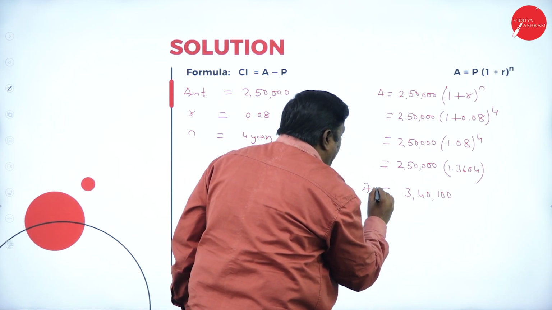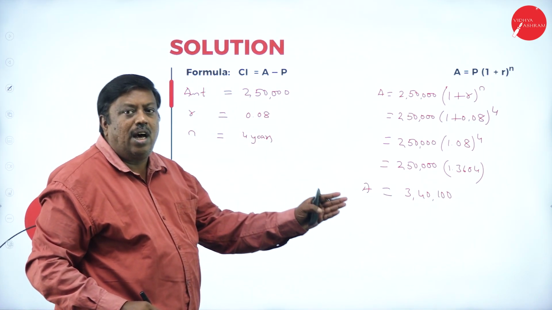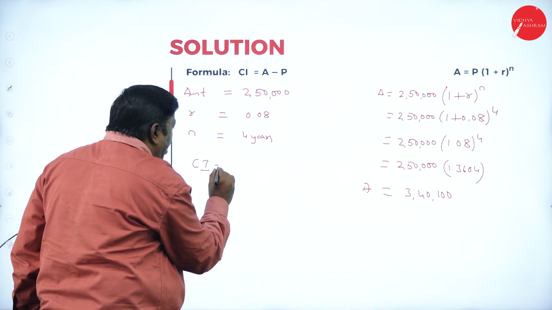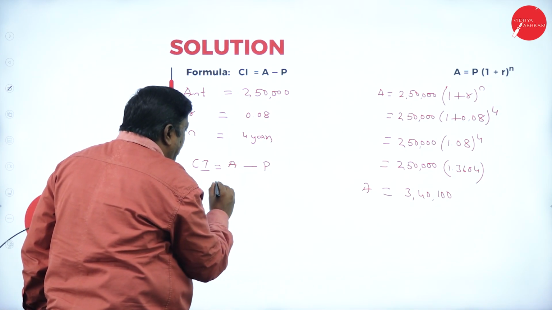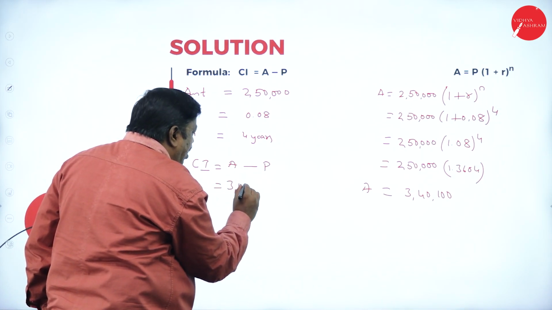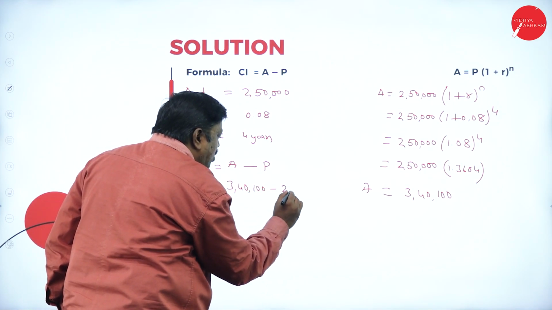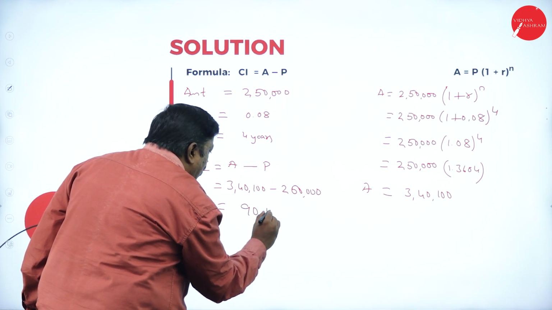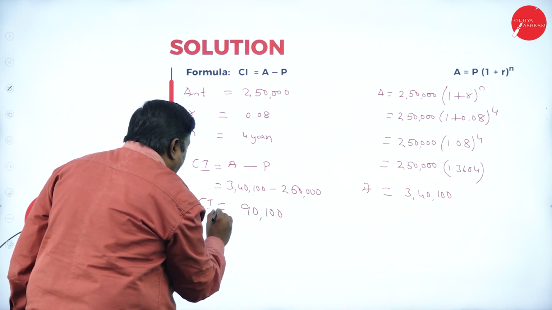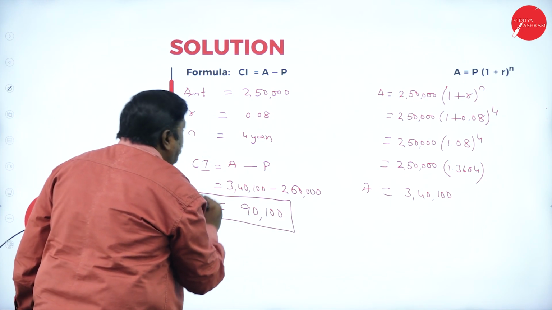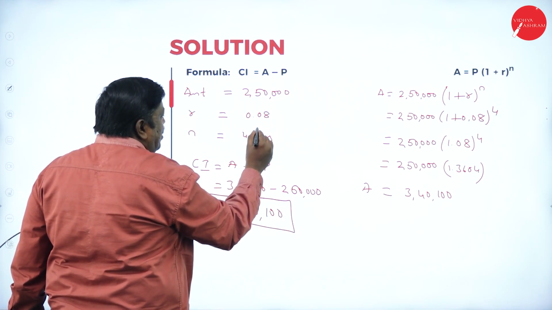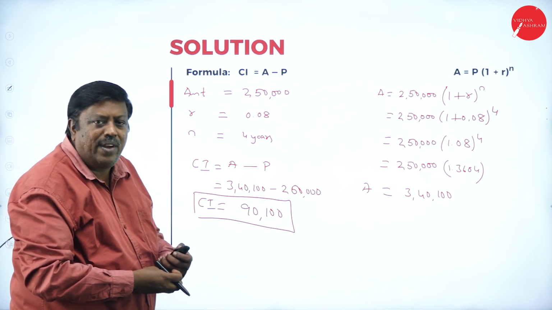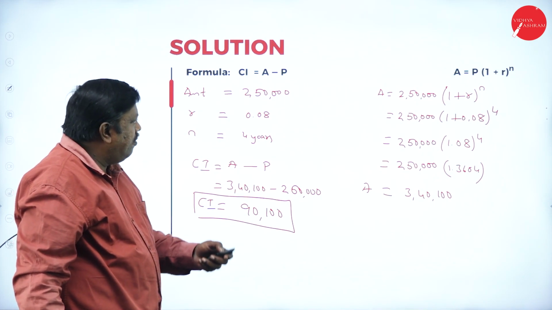The annuity value after 4 years will be 3,40,100. Now, the compound interest will be annuity minus principal, that is 3,40,100 minus 2,50,000, so it will be 90,100. So the compound interest for the amount of 2,50,000 at 8% for 4 years will be 90,100. That's the concept we have in problem 1.